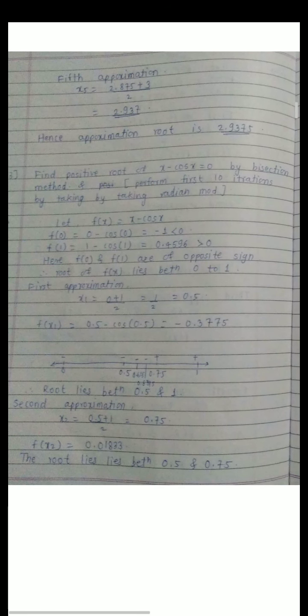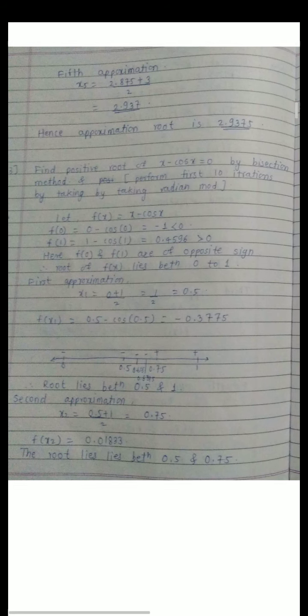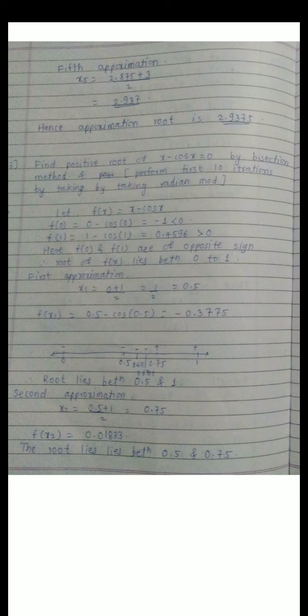Similarly, our next approximation should be the arithmetic mean of the two values 0.5 and 1. Therefore x2 is equal to (0.5 plus 1) by 2, which is 0.75. Again we find the value of f of x2 by replacing x is equal to 0.75 in our given equation, and we get f of x2 is equal to 0.01833, which is positive, while our previous value f of 0.5 is negative.